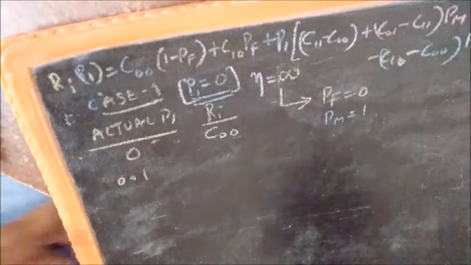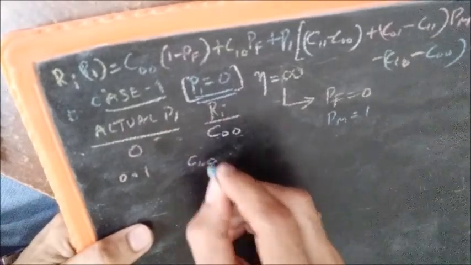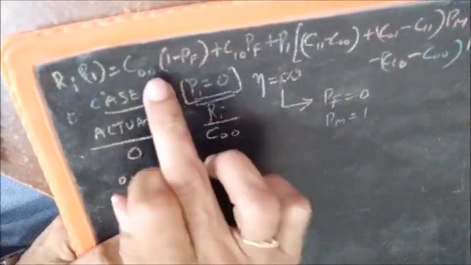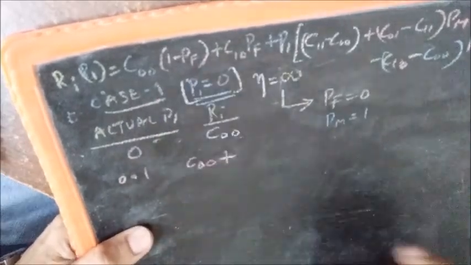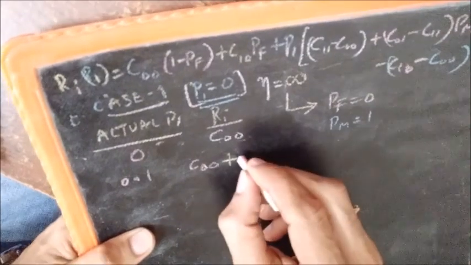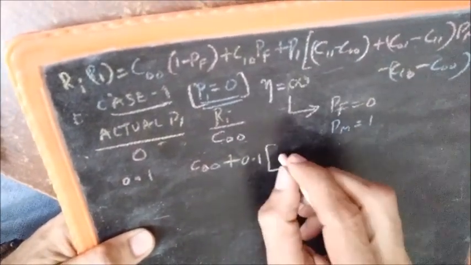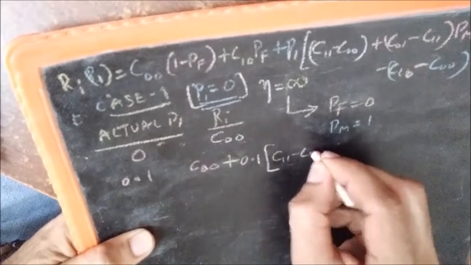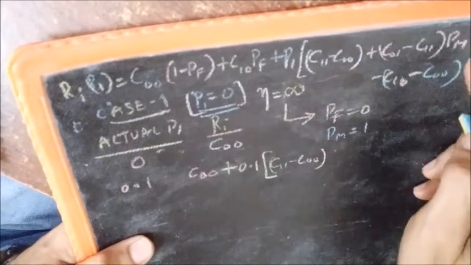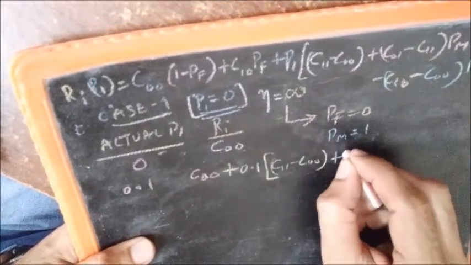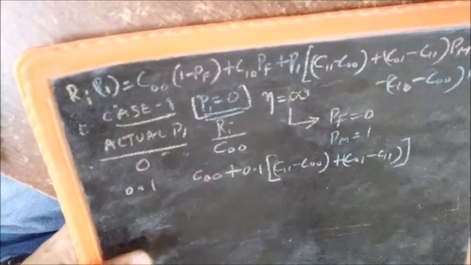So miss is sure. So we will have C00 plus P1, which is 0.1, and within the brackets C11 minus C00, PM is 1, so plus C01 minus C11, and PF is 0.